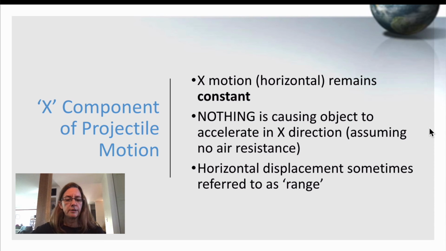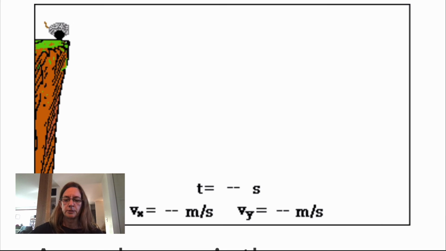The x component of motion, the horizontal direction, remains constant. Since there's nothing causing the object to accelerate in the x direction, assuming there's no air resistance, then that becomes a simple constant velocity problem. And the displacement is a function of the velocity and the time the object is moving at that speed. And that horizontal displacement is sometimes referred to as the object's range.